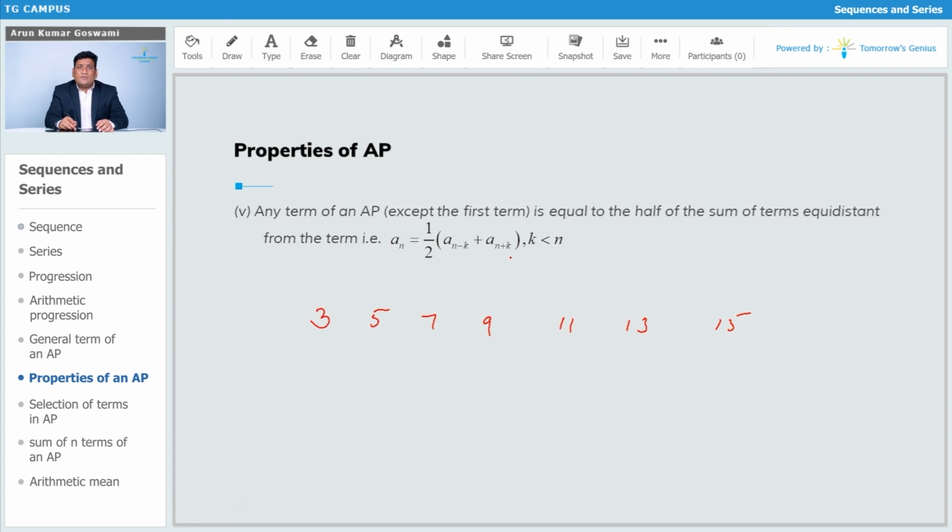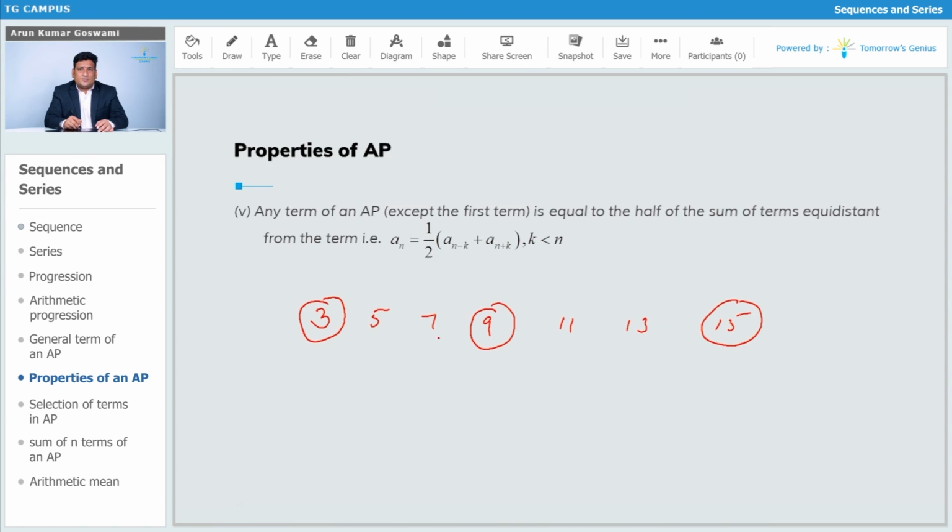Let us suppose I'm choosing 9. Choose terms which are equidistant. From 9, the 3 is at the third position, and from 9, the 15 is again at the third position.